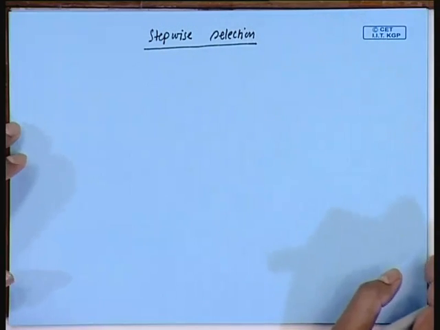Stepwise selection is basically a combination of forward selection and backward elimination.